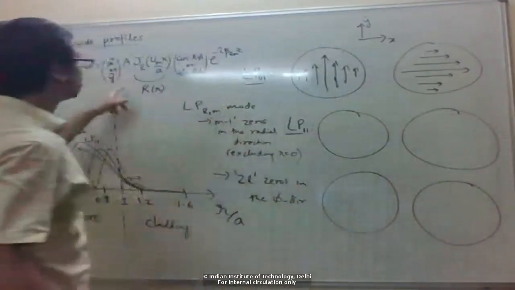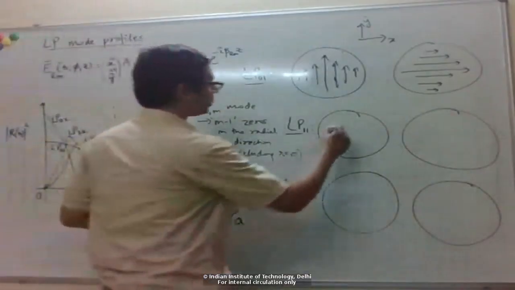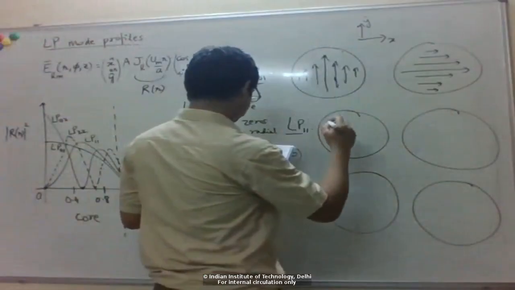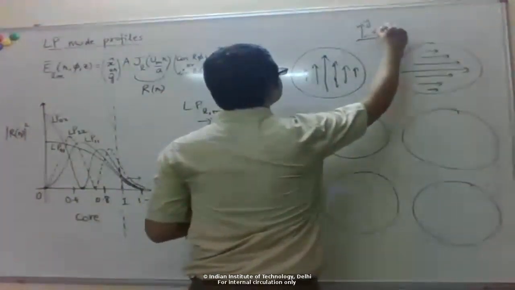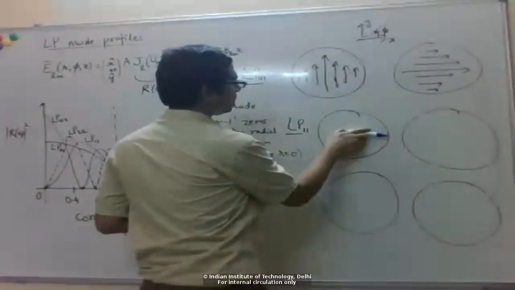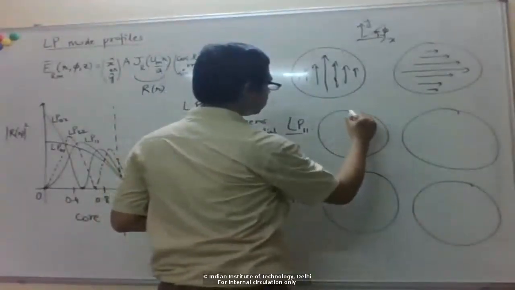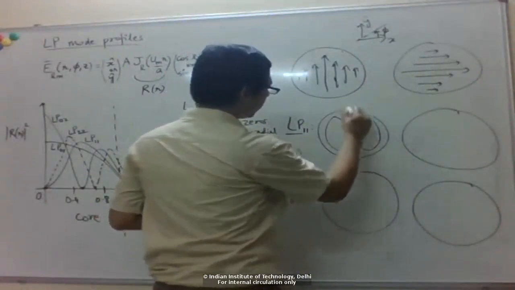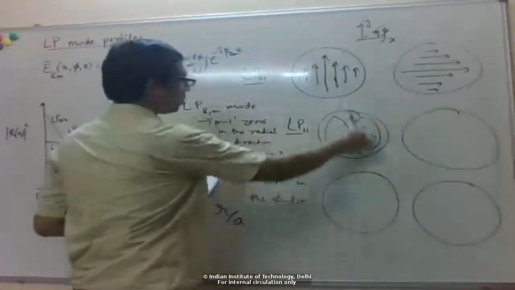So first, for example, take Y polarized cosine phi. If this is X and Y, this is the phi direction. So this is phi equal to 0 and this is phi equal to 90. Cosine phi means it's maximum at 0 and 0 at 90. So we have two blobs here, and there's a zero along phi equal to 90.